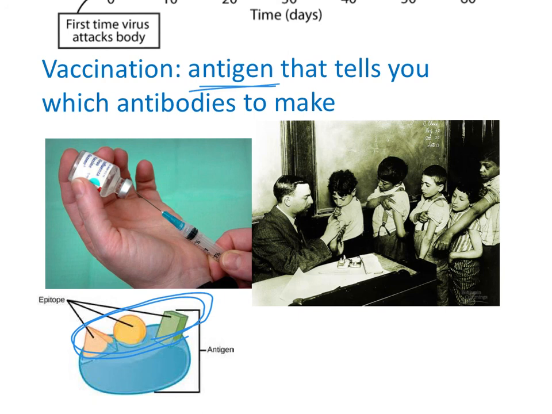Your body is then undergoing that whole immune response. There's no actual pathogen there because you've only injected a piece of the pathogen, or sometimes it's a dead or weak form of the pathogen. But your body will mount that immune response, and then you'll have those memory cells that remember how to make the antibodies against that pathogen.